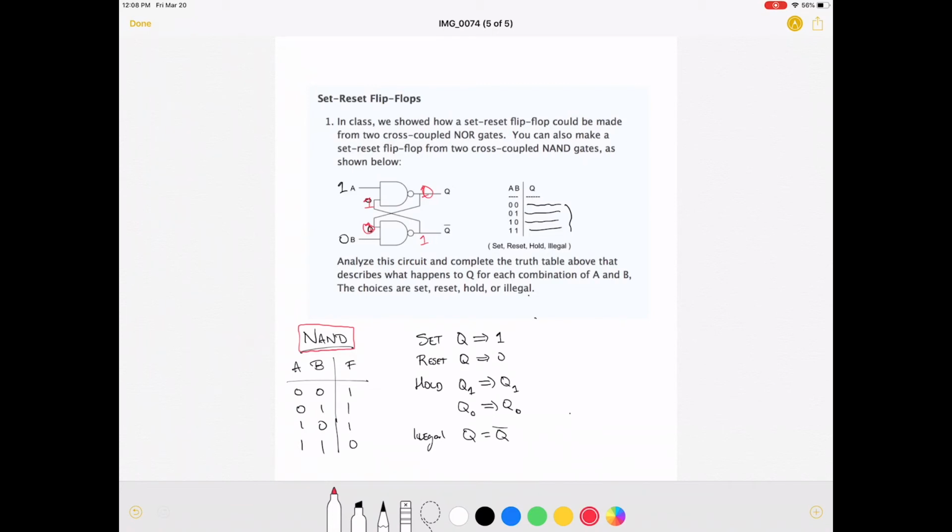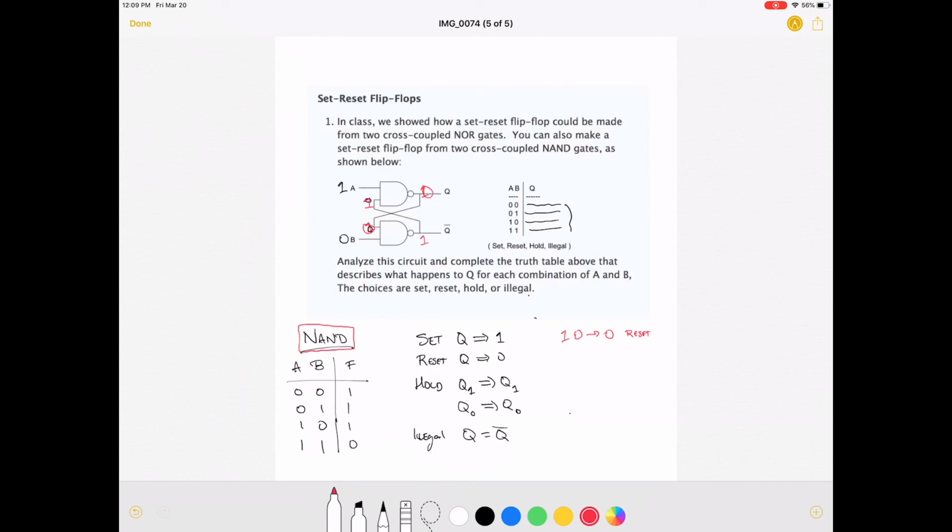What we'll notice is that the combination of 1, 0 made Q a 0. So we'll remember that. That means that probably 1, 0 will end up being reset because it made Q a 0.